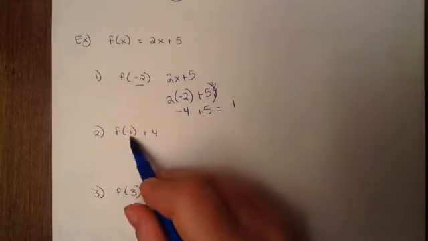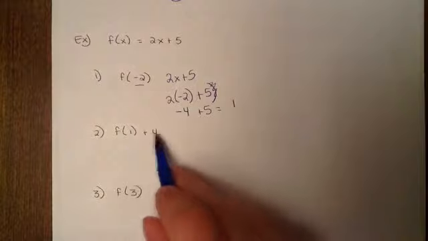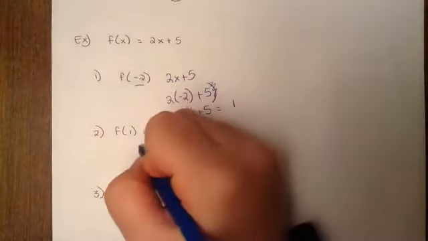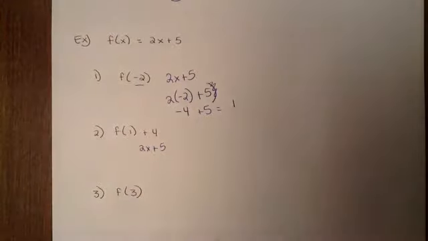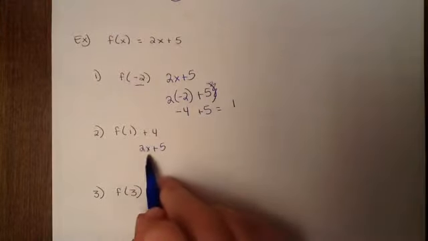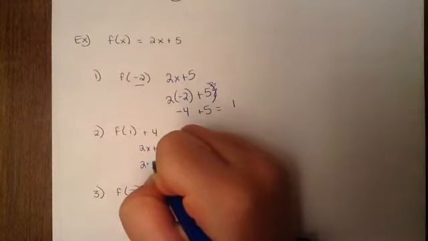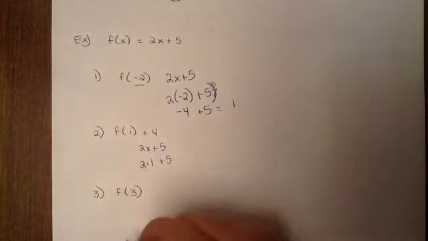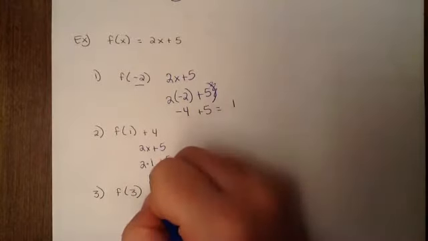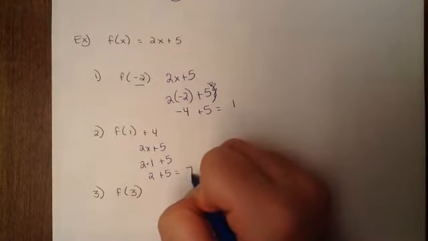This next one means plug 1 in, whatever you get, add on 4. So my function was 2x plus 5. Instead of 2 times x, we will have 2 times 1 plus 5. 2 times 1 is 2 plus 5 is 7.